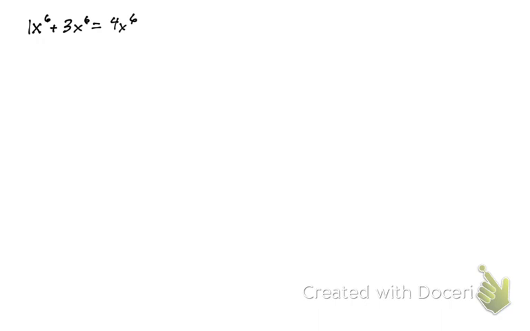Now compare that to x to the 6th times 3x to the 6th. It would be 3x to the 12th. Because if we're multiplying, then we add and multiply. So really, this was 1 times 3, which gave me 3.